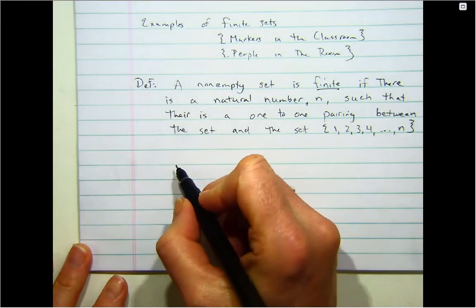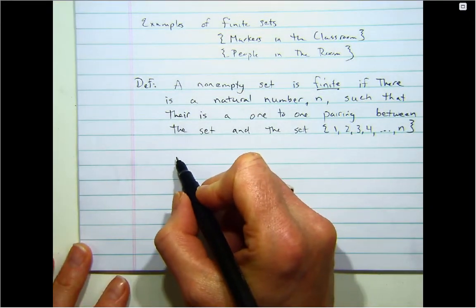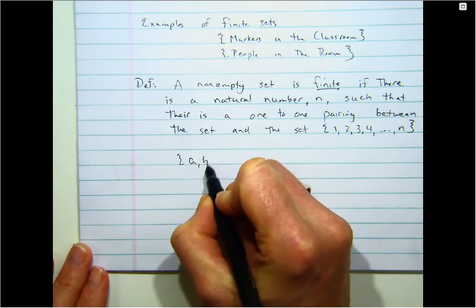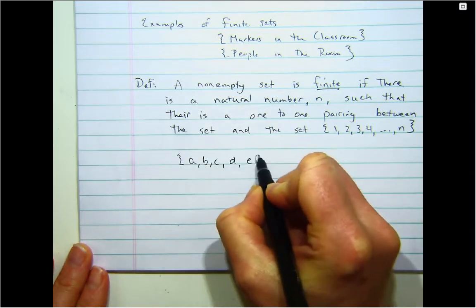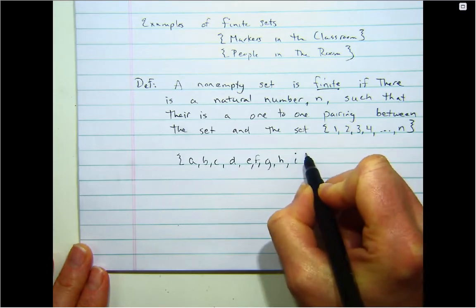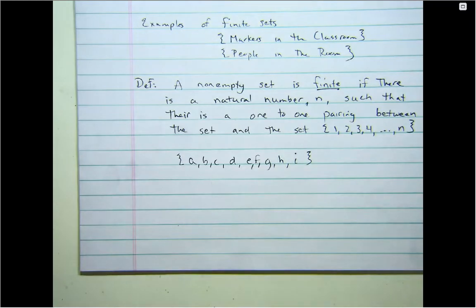Okay, so let's pick out a set. How about if we just take part of the alphabet, we'll do A, B, C, D, E, F, G, H, I. And we want to know if that's a finite set. And of course you're looking at it and you're like, duh, of course it's a finite set. But again, we're understanding simple things deeply, and so we're going to make this one-to-one pairing that we talked about on Friday.